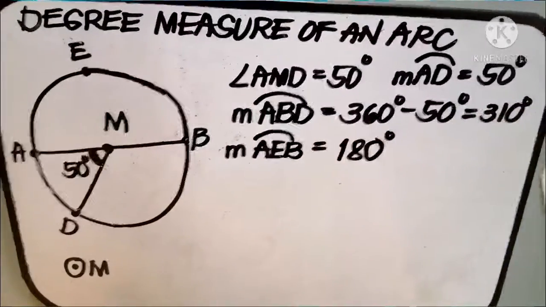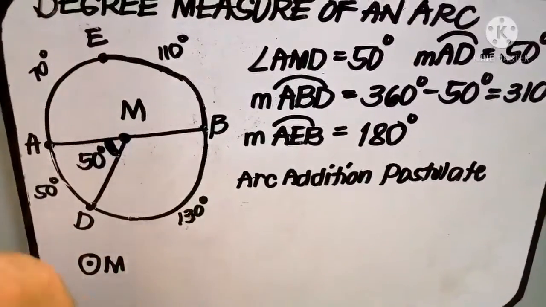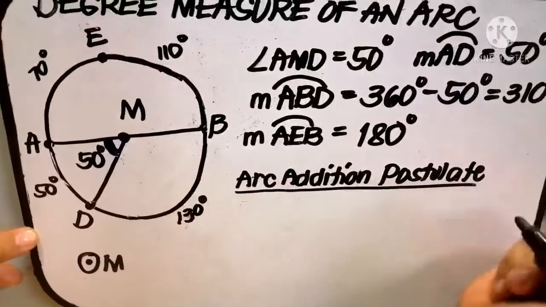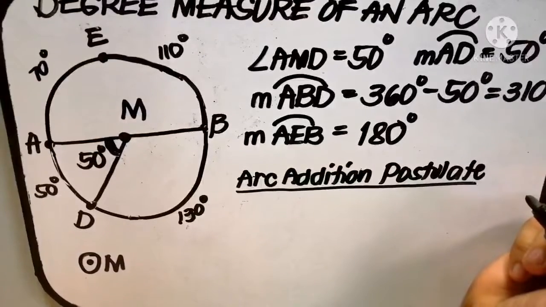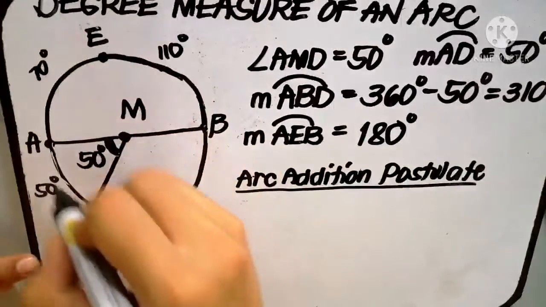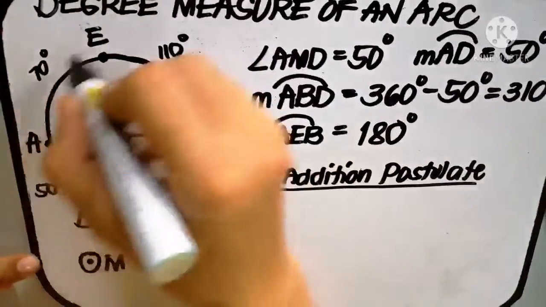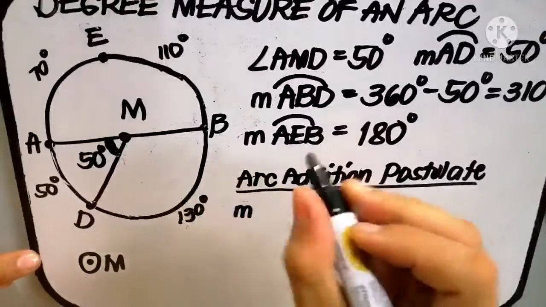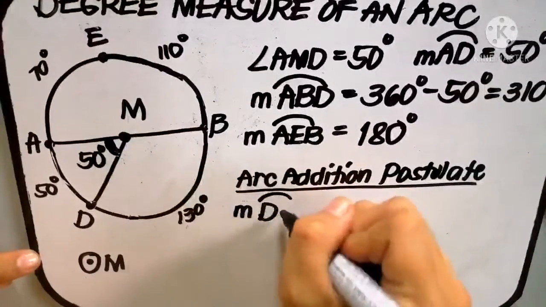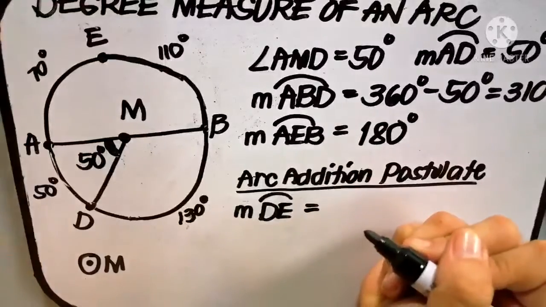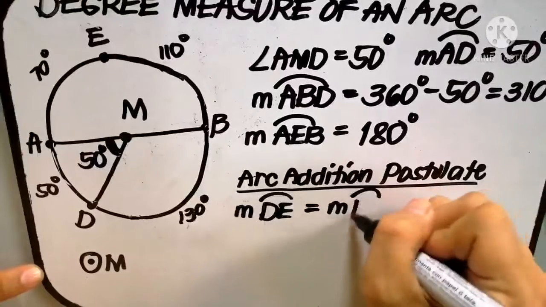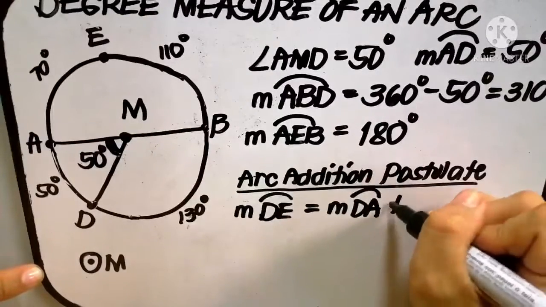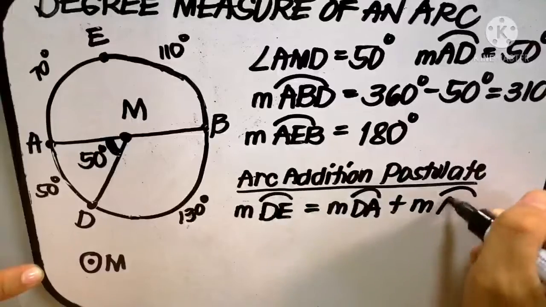Always remember that the degree measure of a semicircle is always equal to 180 degrees. This time, let's have the arc addition postulate. It states that the measure of an arc formed by two adjacent arcs is the sum of the measures of the two arcs. So if we are going to get the measure of arc DE, this arc actually consists of arc DA and arc AE, and we need to add them.